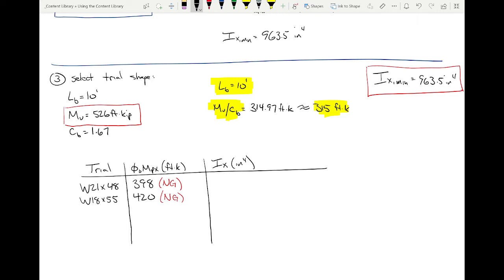Okay? So we go back to table 310. What's the next shape? 21 by 55. Is everybody seeing that? I don't want to go too fast. Is everybody seeing that? Okay. What's its phi and P? 473.